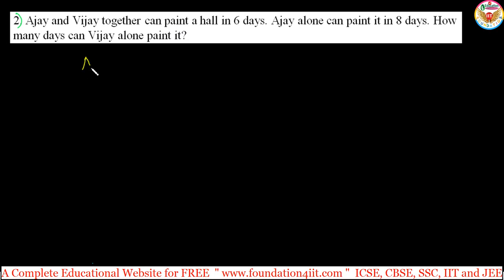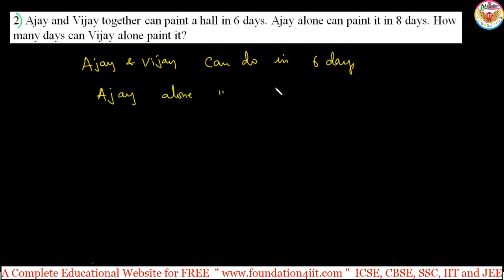In this problem, Ajay and Vijay together can do it in 6 days. Only Ajay alone can do it in 8 days.